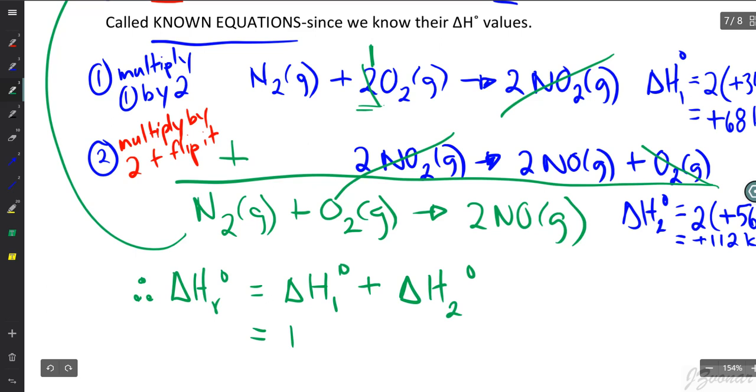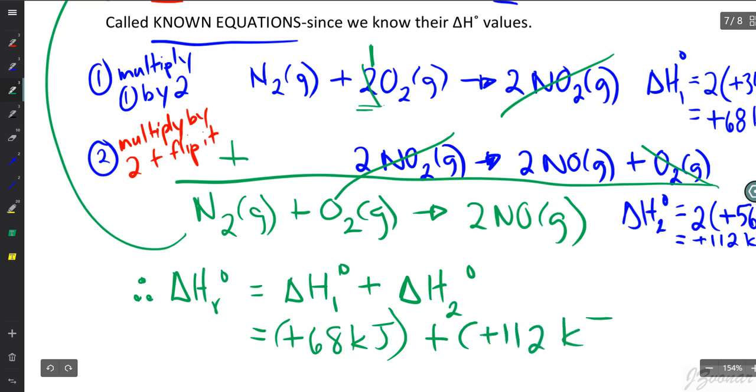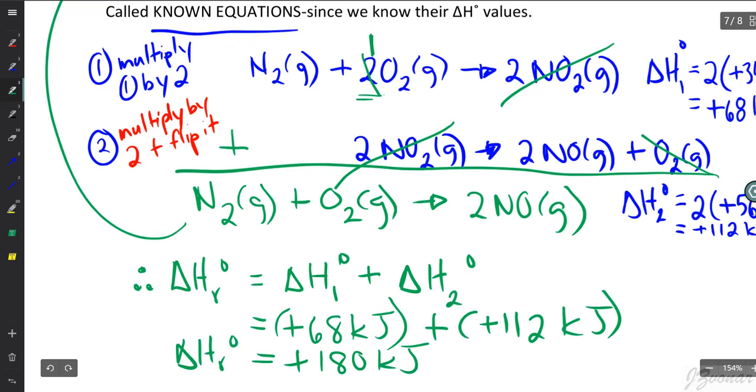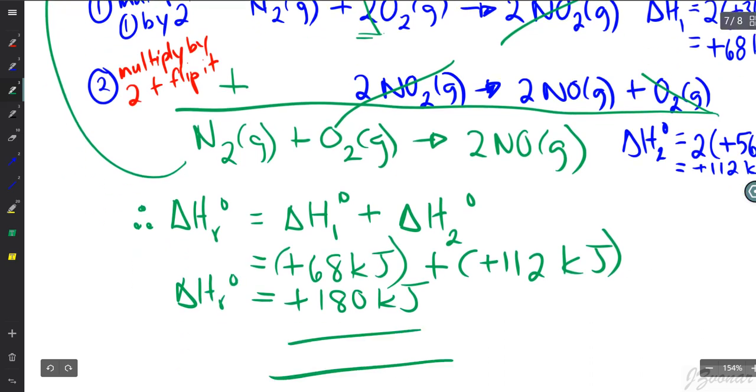So I've got positive 68 kilojoules plus positive 112 kilojoules, and when I add it up, I get positive 180 kilojoules for this reaction. And that is my answer.